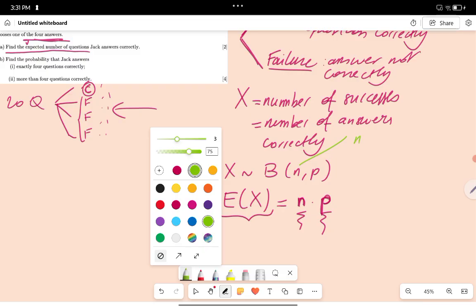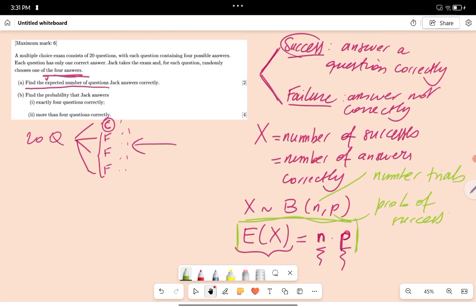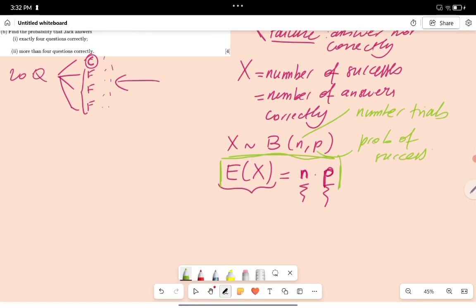N is the number of trials and P is probability of success. So remember that when they ask for an expected value of our X, and we have denoted X as the number of successes or the number of correctly answered questions, the expected value will be n times p.